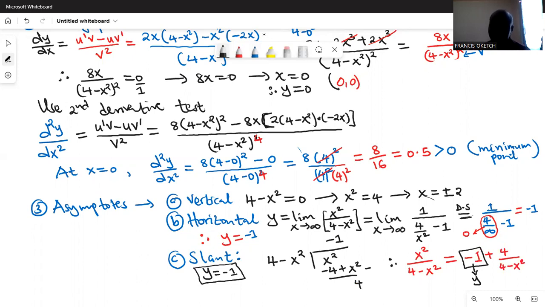But you see, there's no x here, so y equals a constant. That means it is a horizontal asymptote. So what you say here is, there's no slant asymptote. I'm going to write it: no slant asymptote.